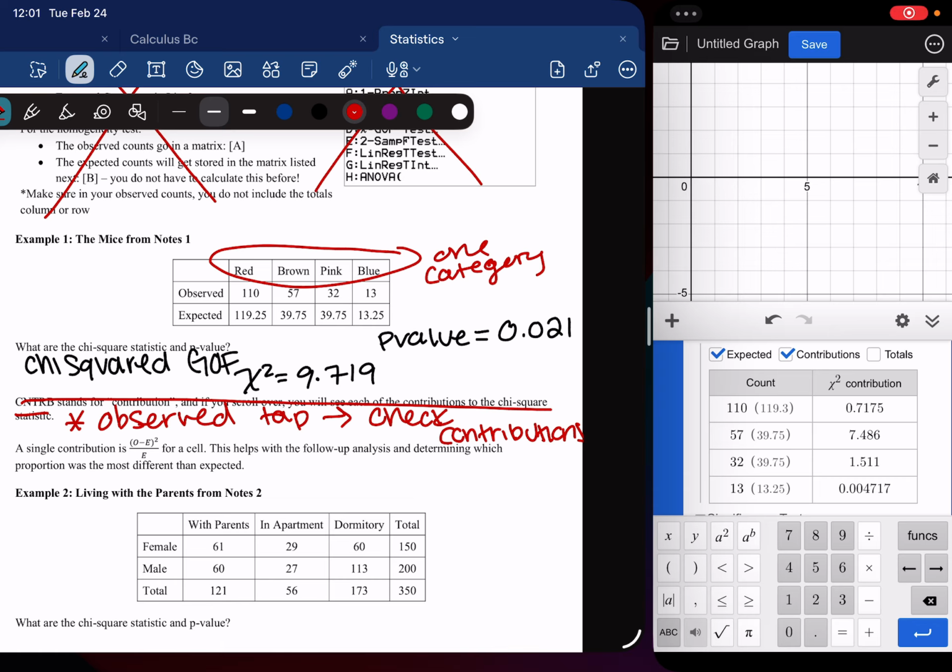Again, what is important about these contributions is, if you recall, chi-squared is the summation of all contributions. So the summation of observed minus expected squared divided by expected, the same thing that we learned when we did the M&M lab.